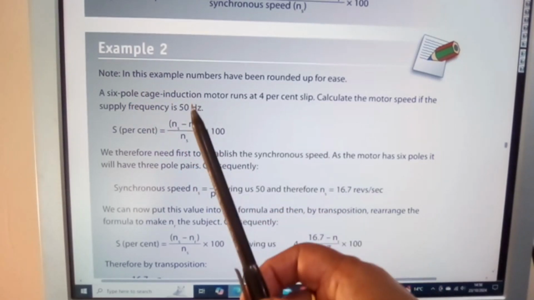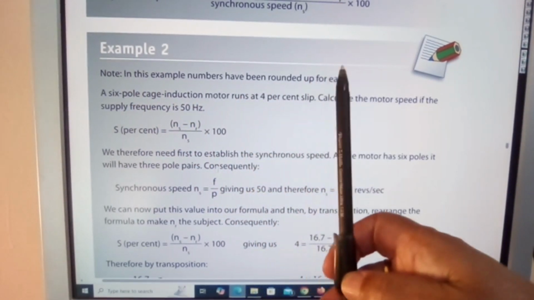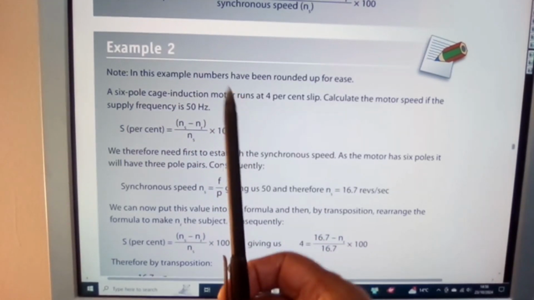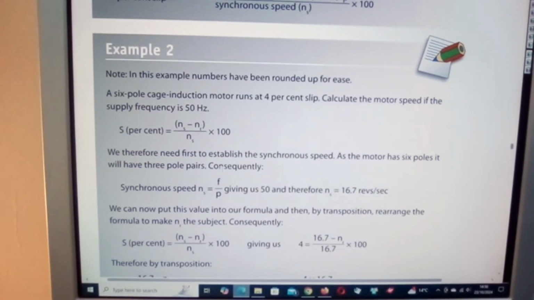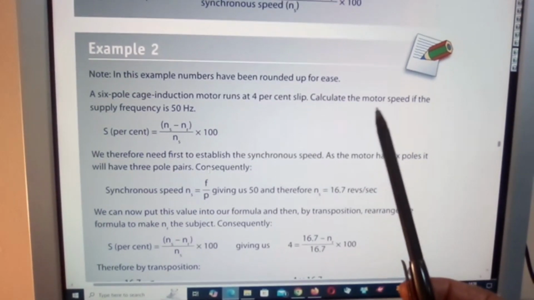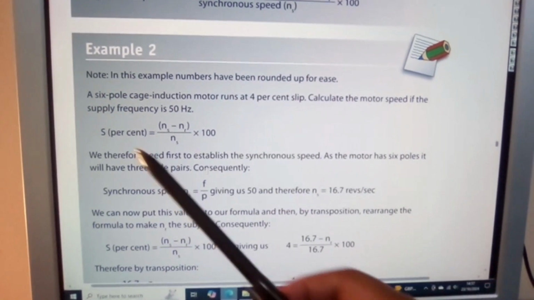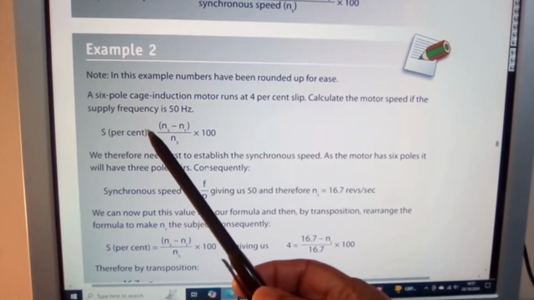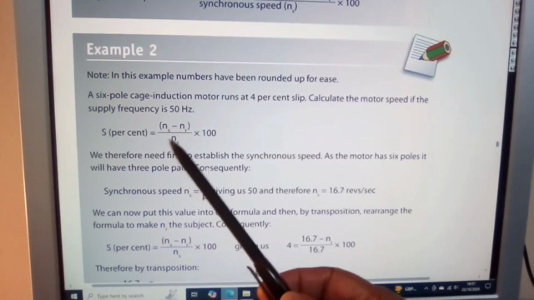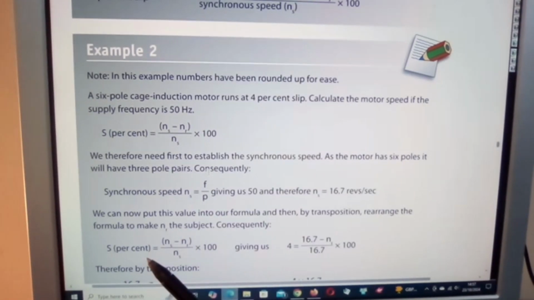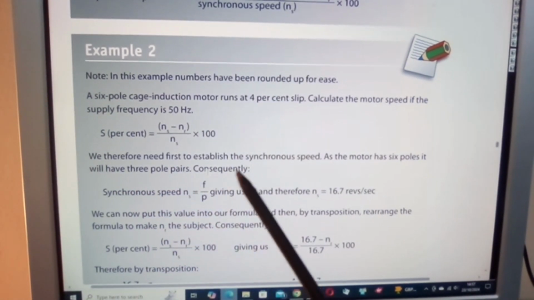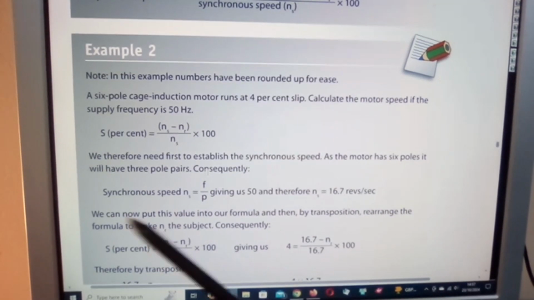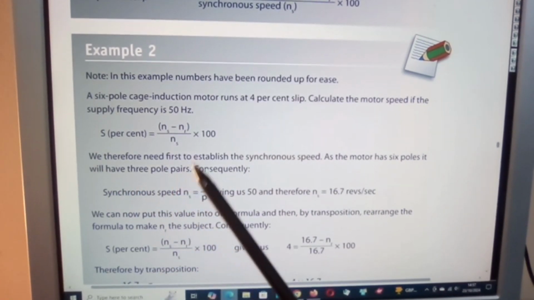Examples to note: in this example, numbers have been rounded up for ease. A 6-pole cage induction motor runs at 4% slip. Calculate the motor speed if the supply frequency is 50 Hz. S percent equals NS minus NR over NS times 100. We therefore need first to establish the synchronous speed. As the motor has 6 poles, it will have 3 pole pairs, 3 pairs.